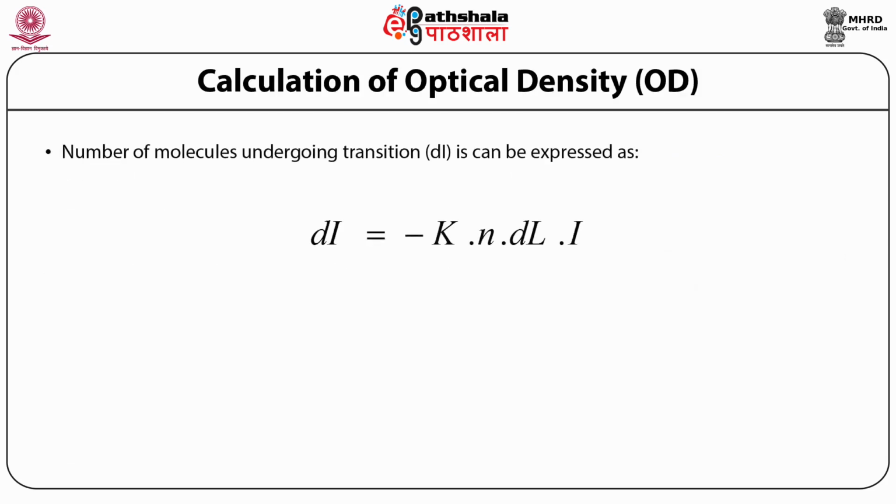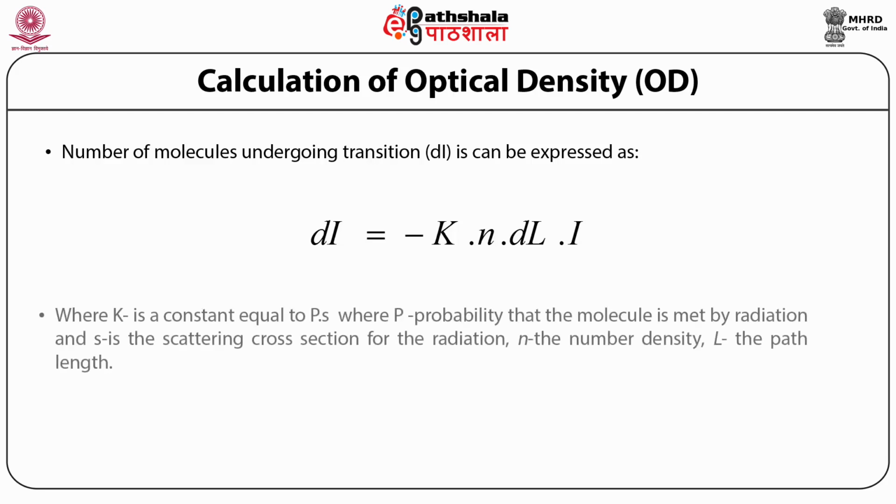The number of molecules undergoing a transition, that is dI, can be expressed as minus K n dl into I, where K is a constant equal to P sigma, where P is the probability that the molecule is met by radiation, and sigma is the scattering cross-section for radiation, n number density, and L is the path length.